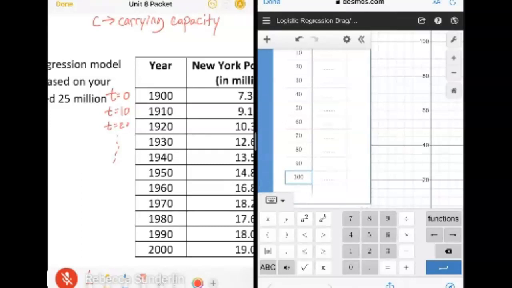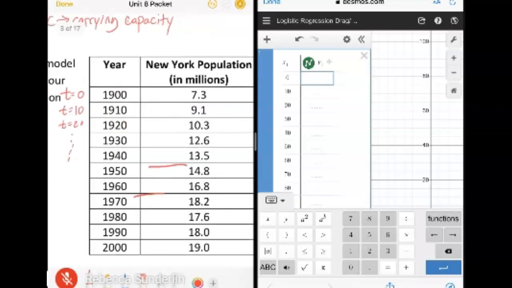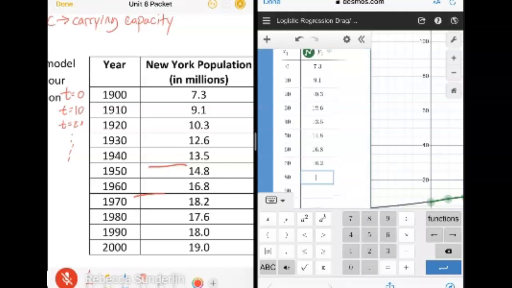Okay, so there they all are. Now I'm going to enter in my y values: 7.3, 9.1, 10.3, 12.6, 13.5, 14.8, 16, 16.8, 18.2.